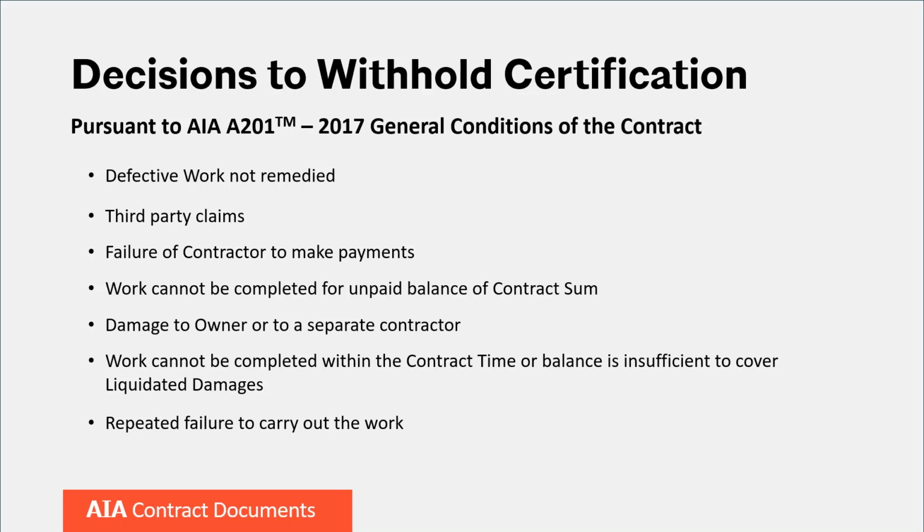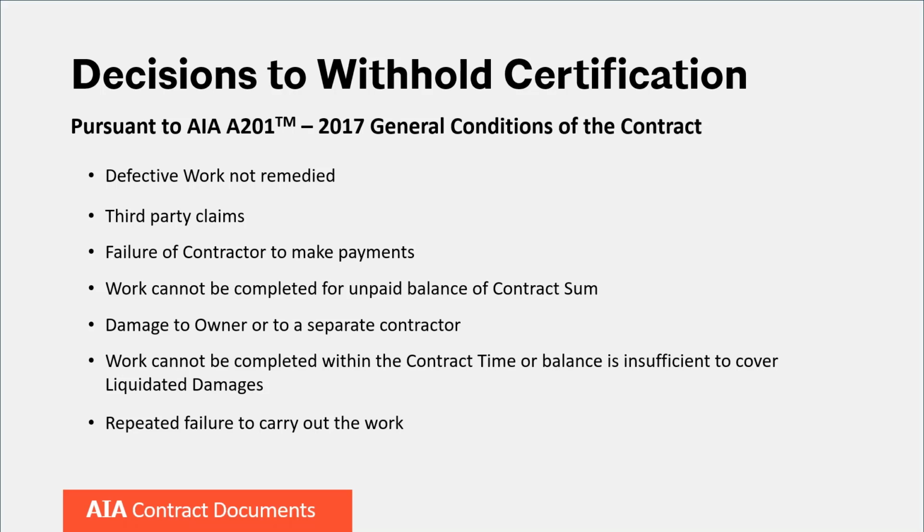There could be a failure of the contractor to make payments to its subs and suppliers, or to provide documentation required under the agreements that it has made those payments. There could be work that was not completed or an unpaid balance of the contract sum.